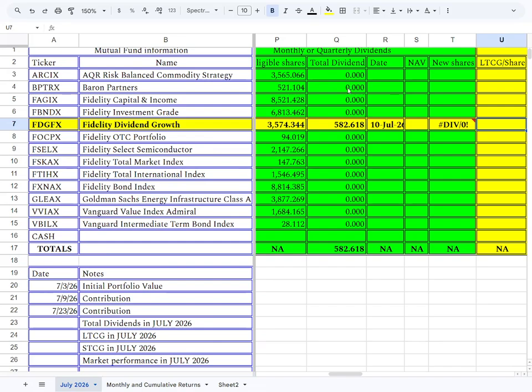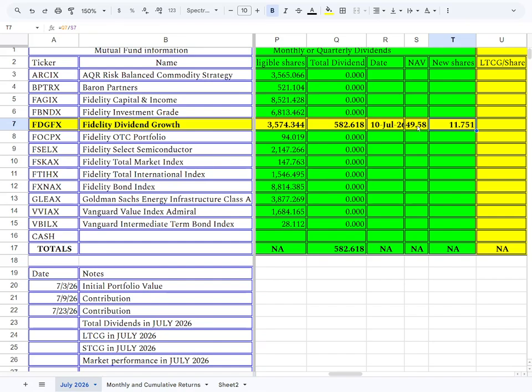Now, when did I receive these dividends? I received them on the 10th of July. The net asset value on the 10th of July is 49.58. Once I input that, the Excel sheet automatically calculates the number of new shares I received.